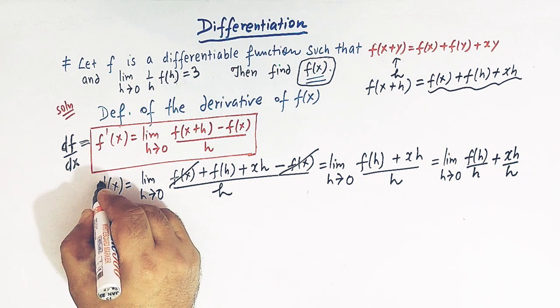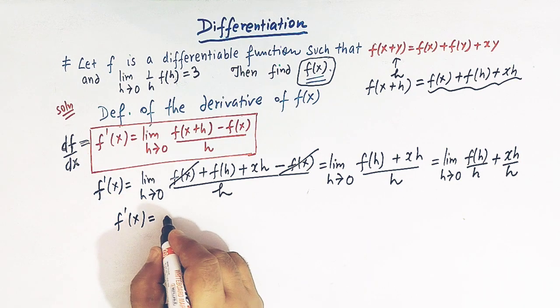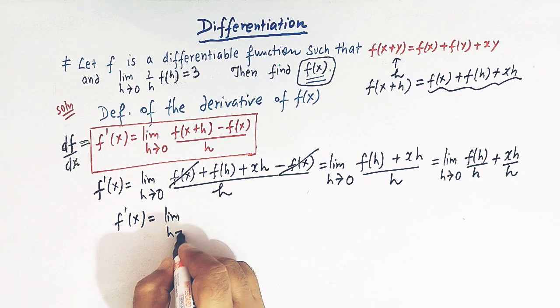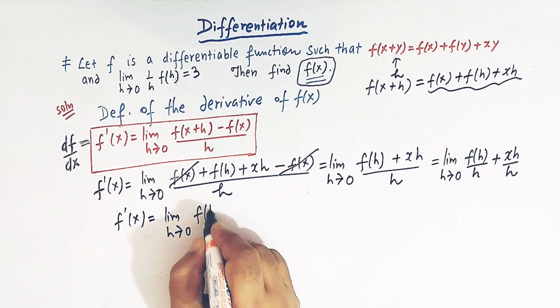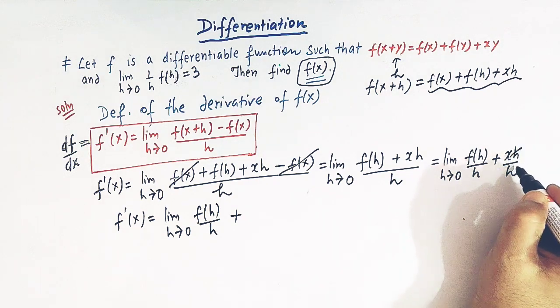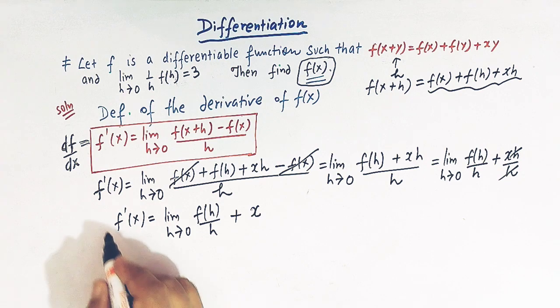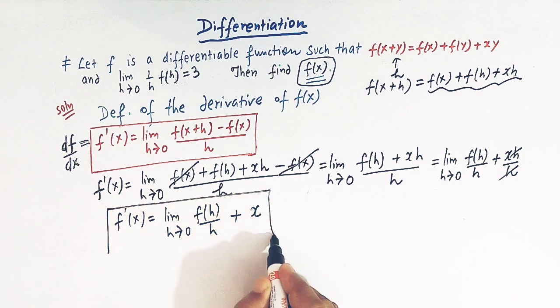So f prime of x can be written as the limit as h tends to 0 of f of h over h plus x, because this h and this h get cancelled. Now we have this equation.